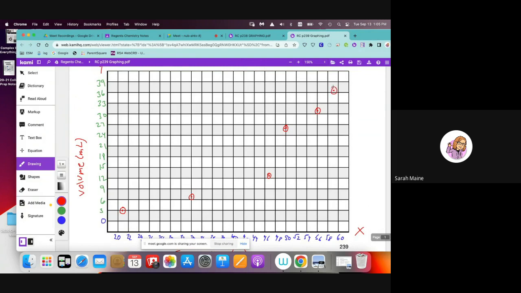So now I have to figure out if it's a best fit line or a best fit curve, depending on what's going on with the data. So when I take a look at the X values and compare it to the scaling, when I look at it left to right, I notice that there's an increase in the X value.